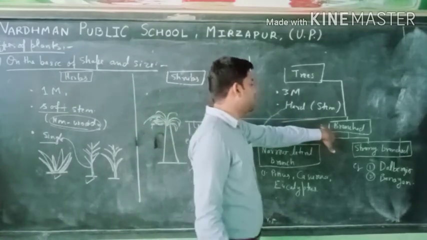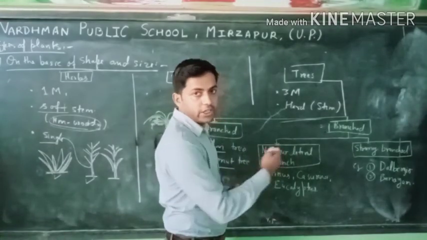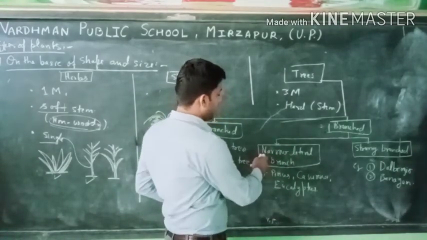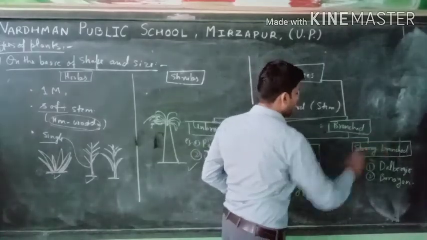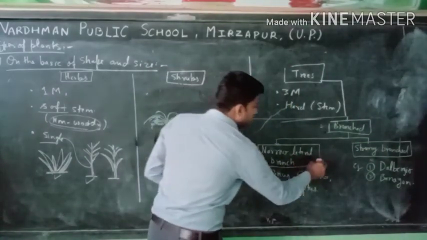Second, branched trees. On the basis of branches, trees again divide into two categories: narrow lateral branch and strong branch. Narrow lateral branch plants look cone shaped.